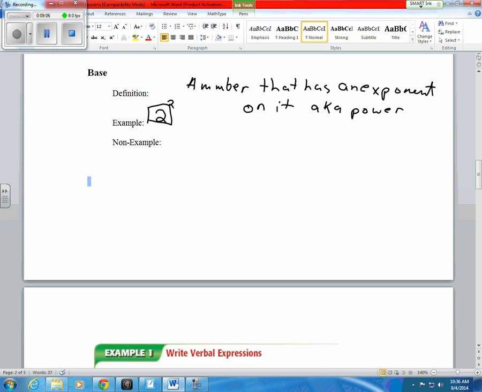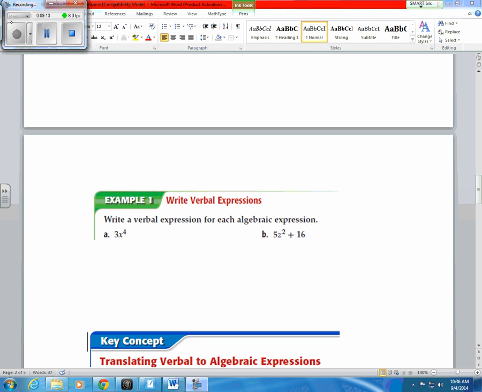Good, so all we're going to do is take what we just learned and talk about how we would communicate some of this stuff to each other. So if we wanted to communicate this expression right here, there are a lot of different ways we can say this. We'll always have some sort of combination of math lingo as well as really expanded lingo.